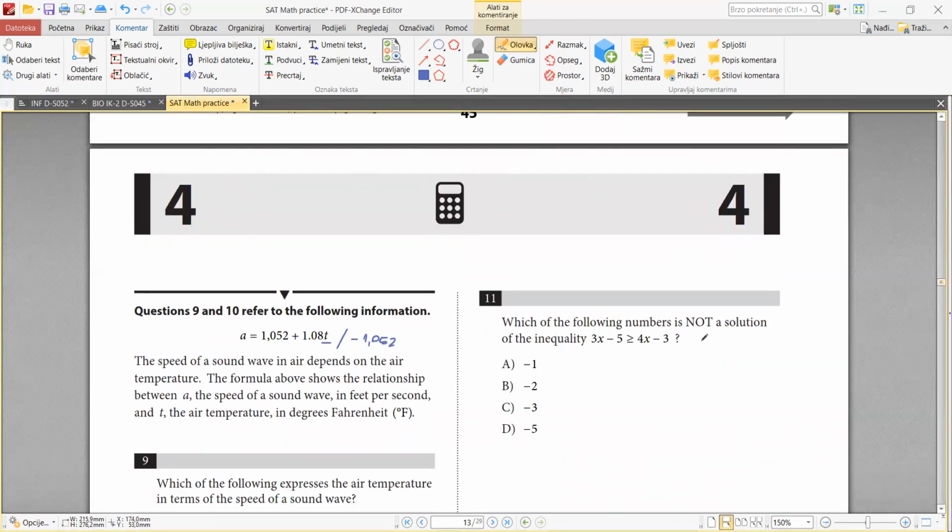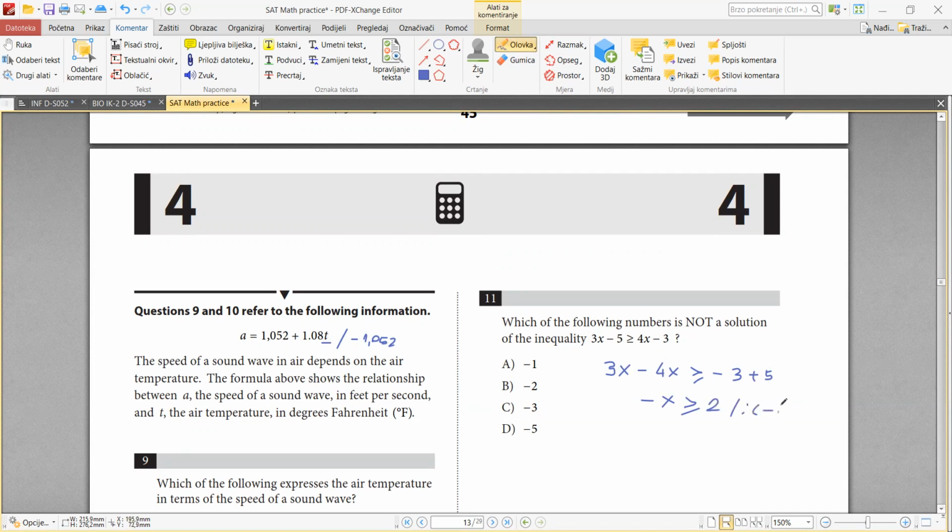Question number 11, which of the following numbers is not a solution of the inequality 3x minus 5 is greater or equal to 4x minus 3? So 3x minus 4x is greater or equal to minus 3 plus 5. Minus x is greater or equal to 2.